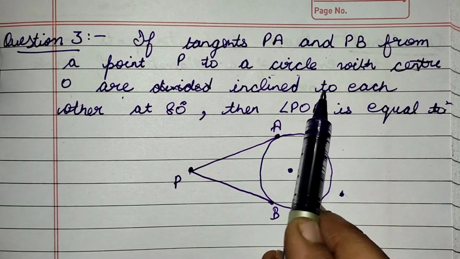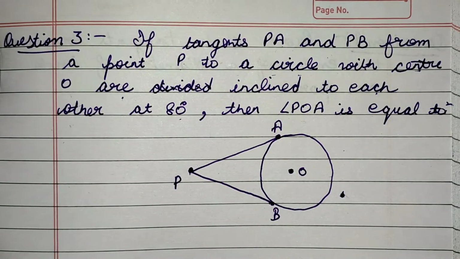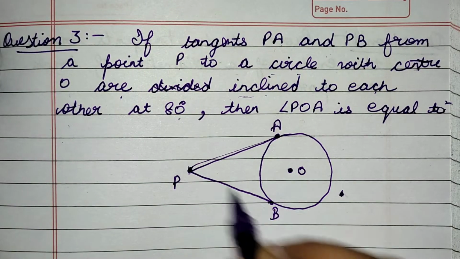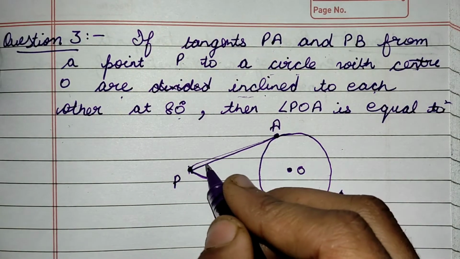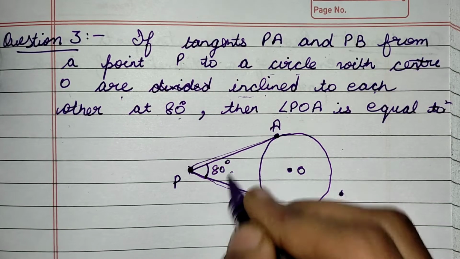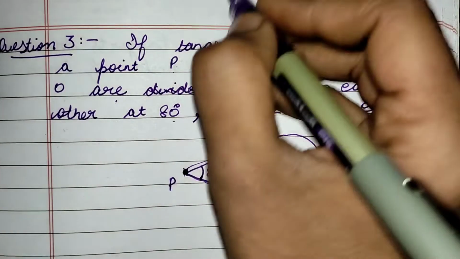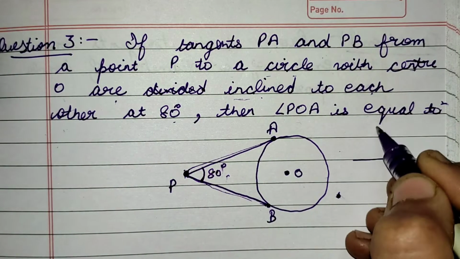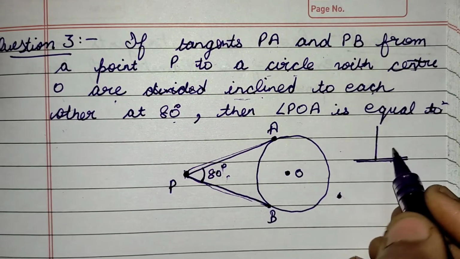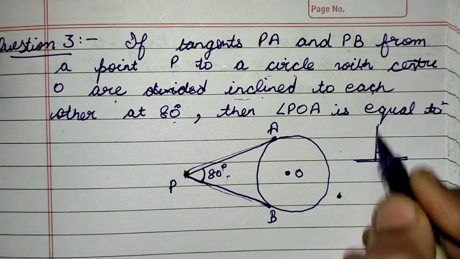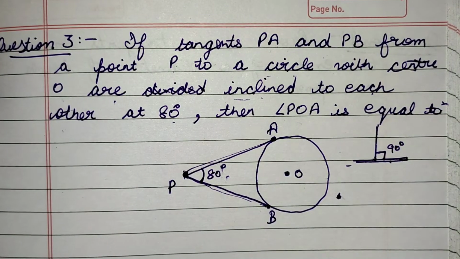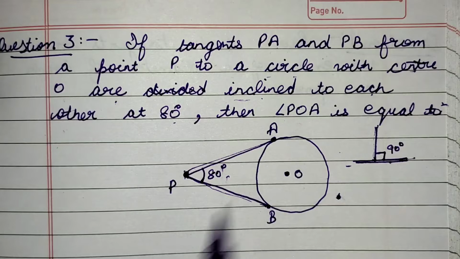Both are inclined to each other at 80 degrees. What does it mean? Inclined means the angle the tangents are making with each other at the point P is 80 degrees, right? Suppose there is a straight line and another line on this straight line. Then I will say that these lines are inclined to each other at an angle of 90 degrees.